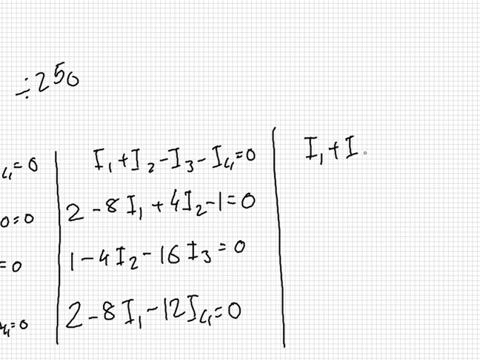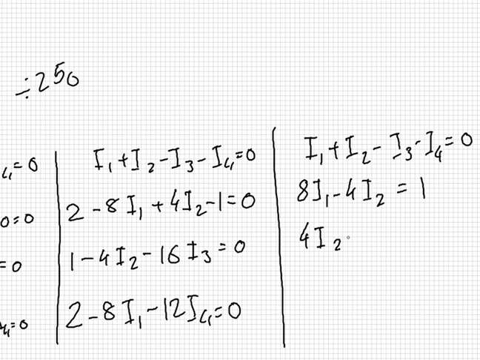I1 plus I2 minus I3 minus I4 equals 0. 8I1 minus 4I2 equals 1. 4I2 plus 16I3 equals 1. Oh, I can actually divide this one by 2 as well. So 4I1 plus 6I4 equals 1.